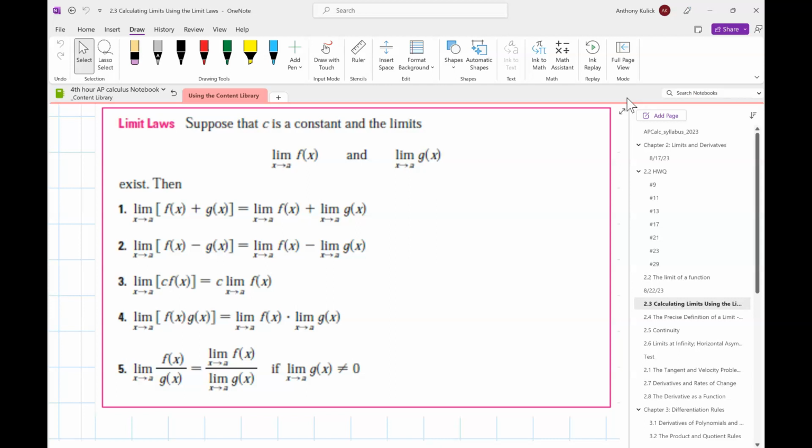If I have the limit of a sum of 2 functions, I can calculate that by taking the limit of each individual function and then adding them together. So I can take a complicated function that is the sum of 2 things and look at each of the limits separately. I can break up some complicated function into 2 simpler functions and take the limit of those simpler things.